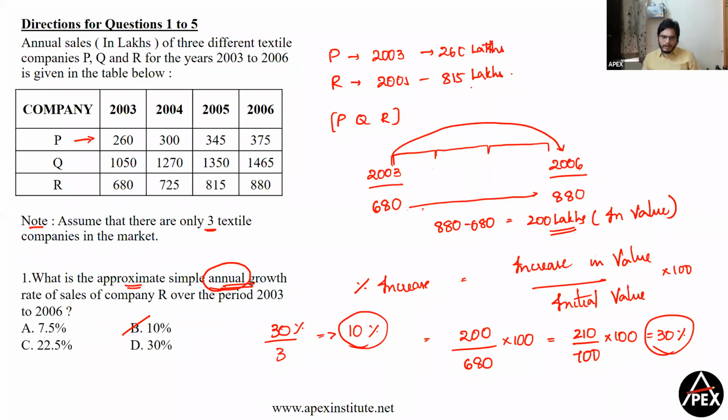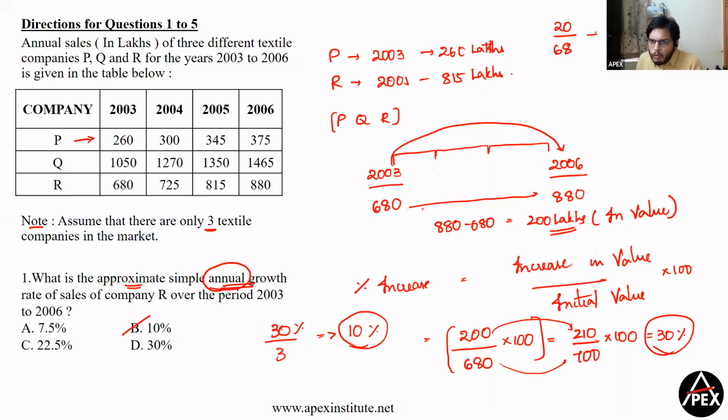So here he asked us the approximate value, isn't it? Finding 200 by 680 is somewhat difficult. So when he asked me to find the approximate value, I can increase both numerator and denominator. I have increased the numerator by 10 and the denominator by 20. For example, you have 200 by 20 by 68 and you just need its approximate value.